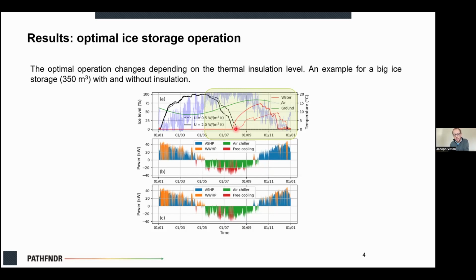Instead, when the ice storage is more thermally insulated, we don't exploit the sensible part that much, but we can provide more space cooling. As you can see here, we can cover a higher amount of the cooling demand during summer.